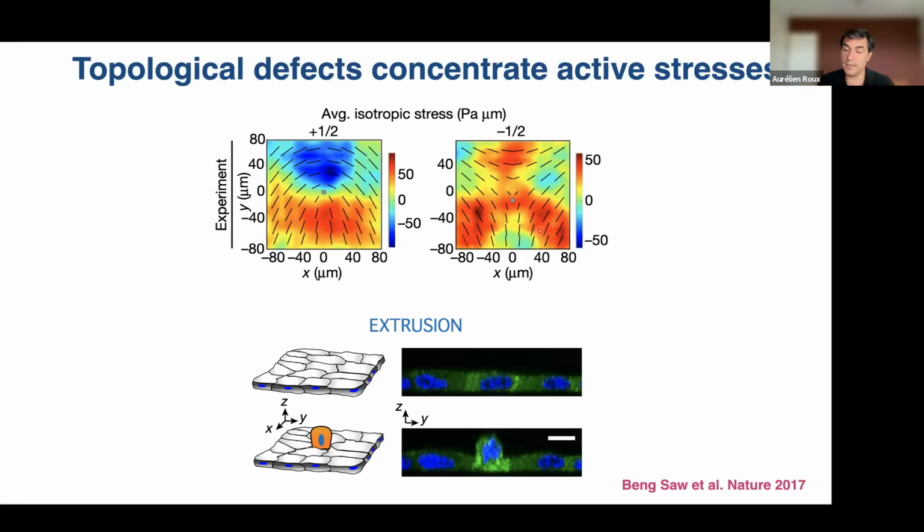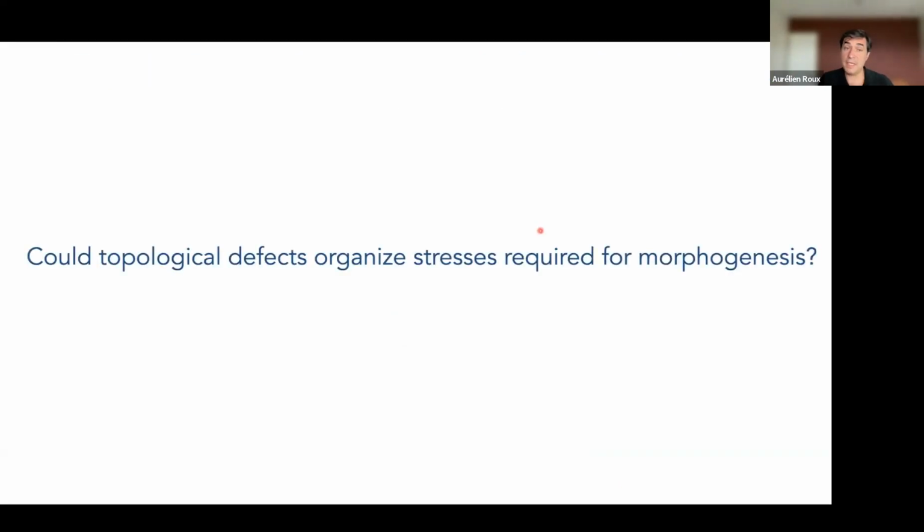So that gives you a hint about the hypothesis that we came up with, which is that maybe not every, but some of the topological defects can organize the stresses of contractile cells in the tissue to shape the tissue, so to generate the forces needed for morphogenesis.